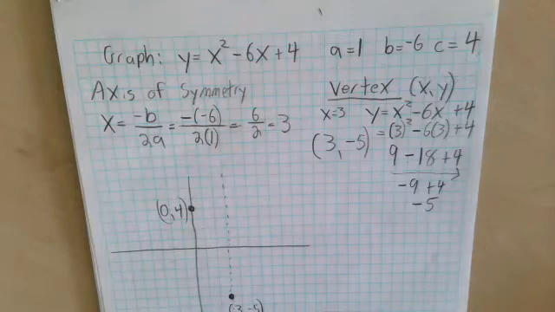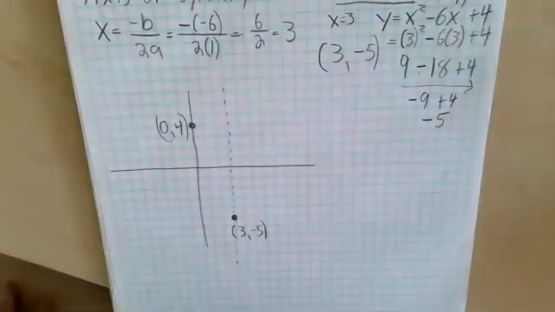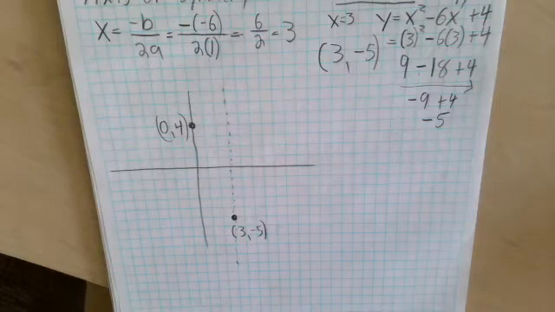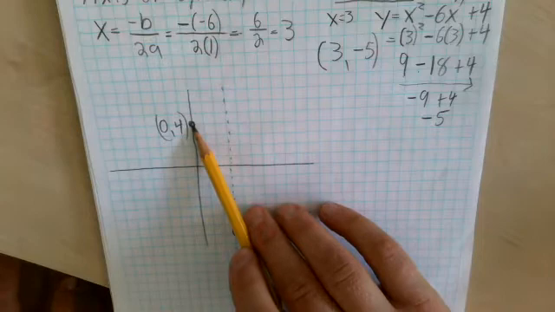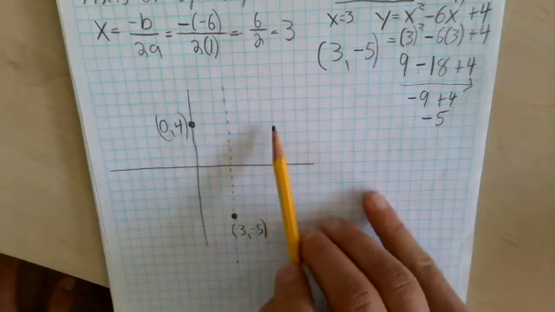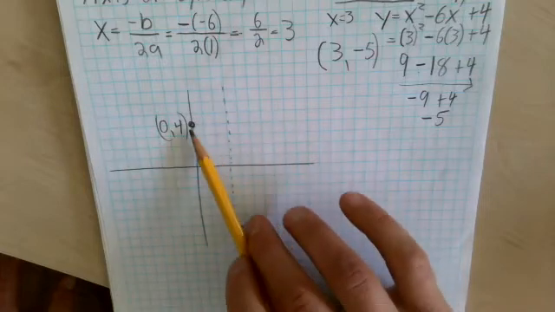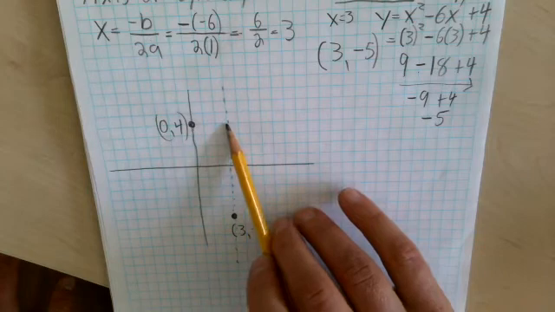Now, here's where we're going to utilize that axis of symmetry. All the points are going to be equidistant from our axis of symmetry. So if I know a point's over here, it's going to be perfectly reflected on the other side of our axis of symmetry. How far is this point from the axis of symmetry? It's 1, 2, 3.